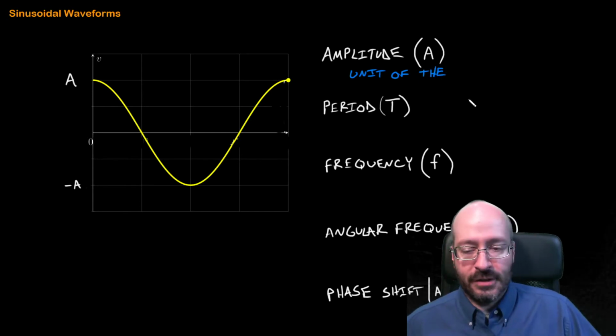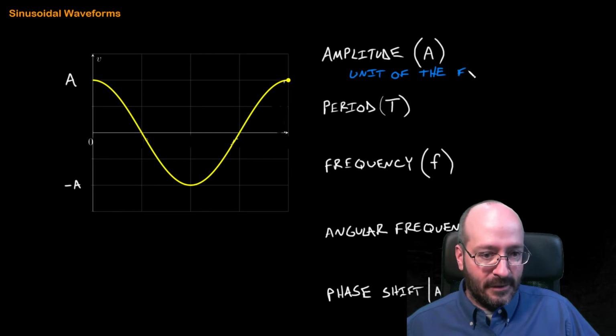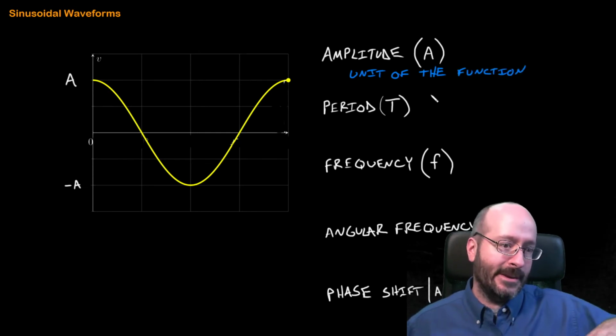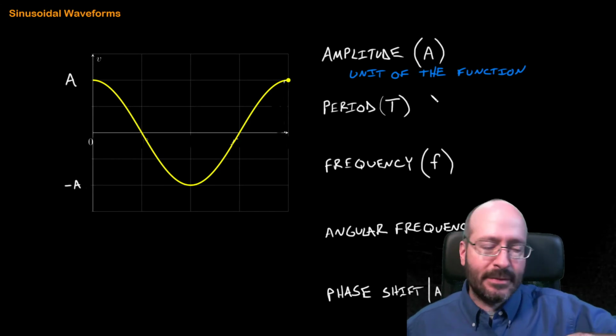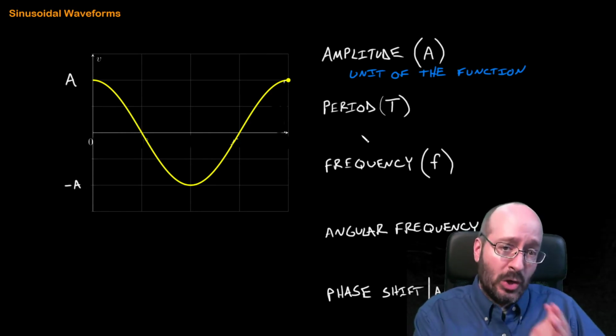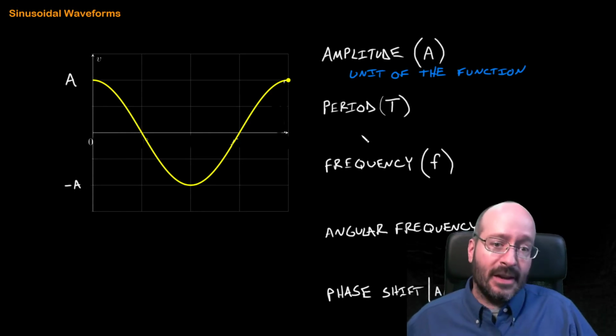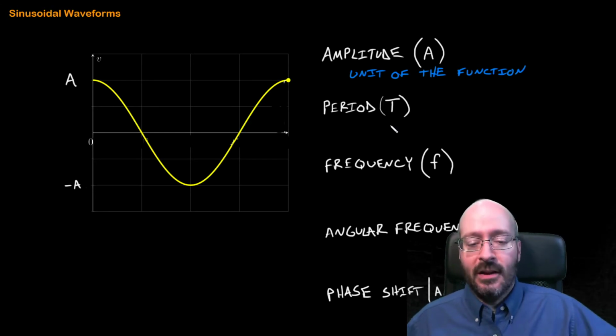If you're representing a voltage, it's going to be in volts. If you're representing a current, it could be in amps or milliamps. Just because we're using functions doesn't mean we get to ignore units. The amplitude takes on the unit of the function.